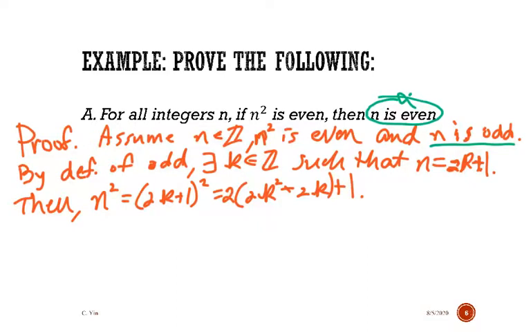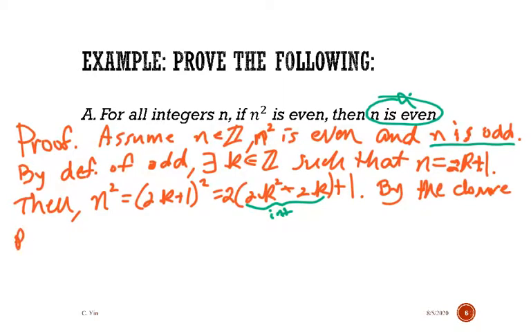And so what does that mean about n squared? Well, we said a while ago that it means n squared is odd, and definitely that's true by the definition. This right here is an integer, and so we'll say by definition, or actually by the closure property, we need to say that first.